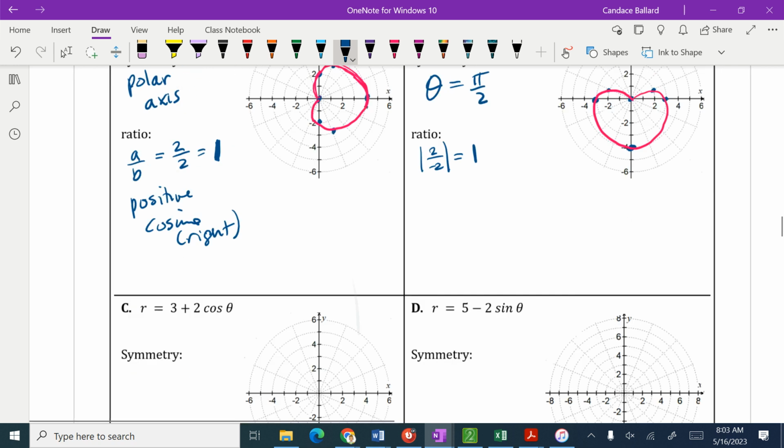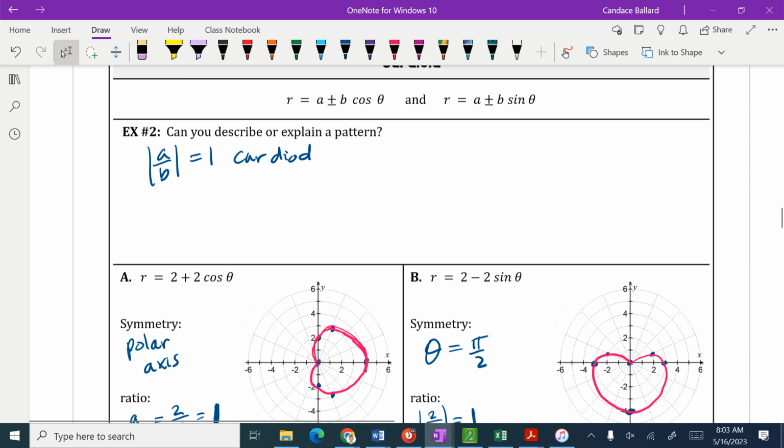So there's going to be something that happens when my ratio is greater than 1 but less than 2. We get a different type of graph. So let's see what happens this time.